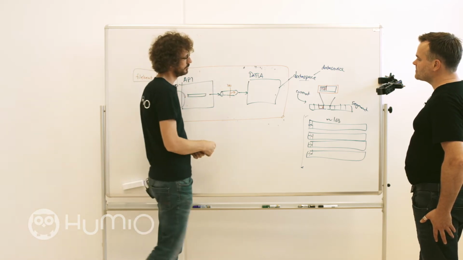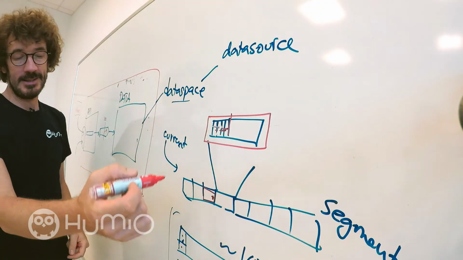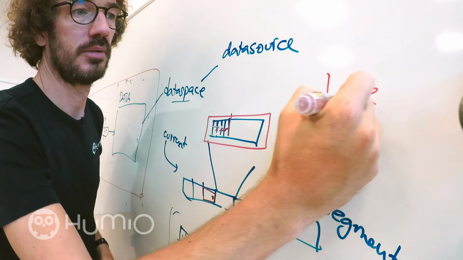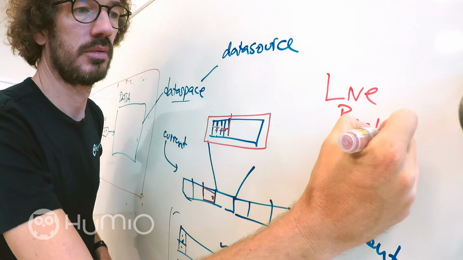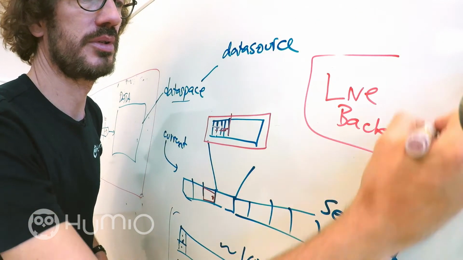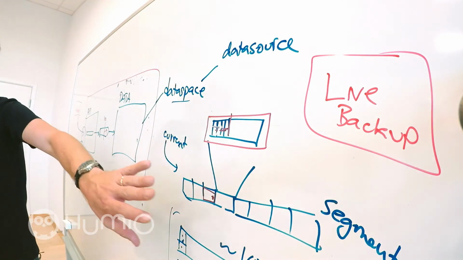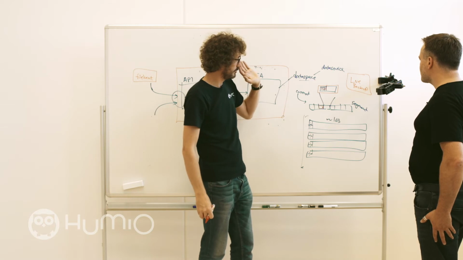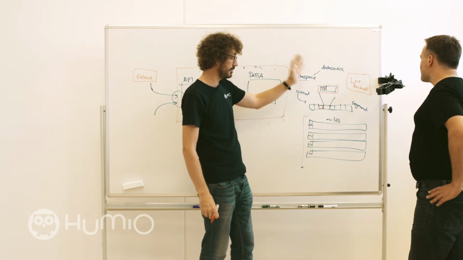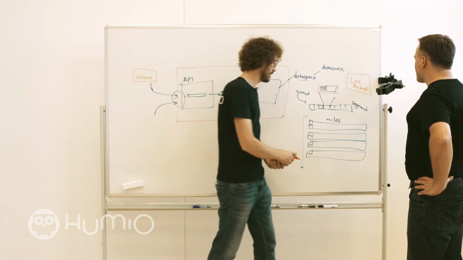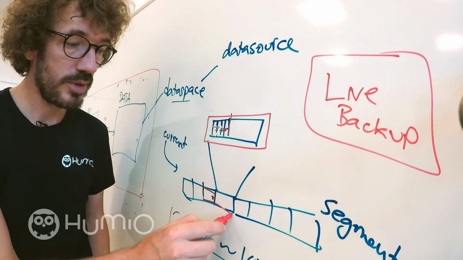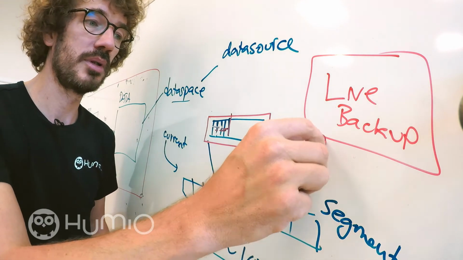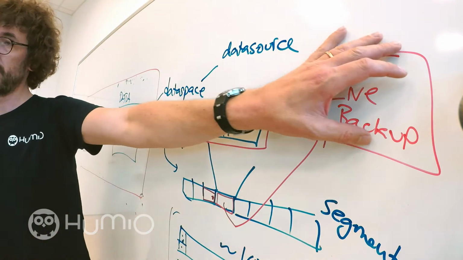There's also a live backup feature, where you can set up a separate file storage, like an FTP server or something, and every time we commit one of these blocks to disk, we send a copy of that block to the live backup.